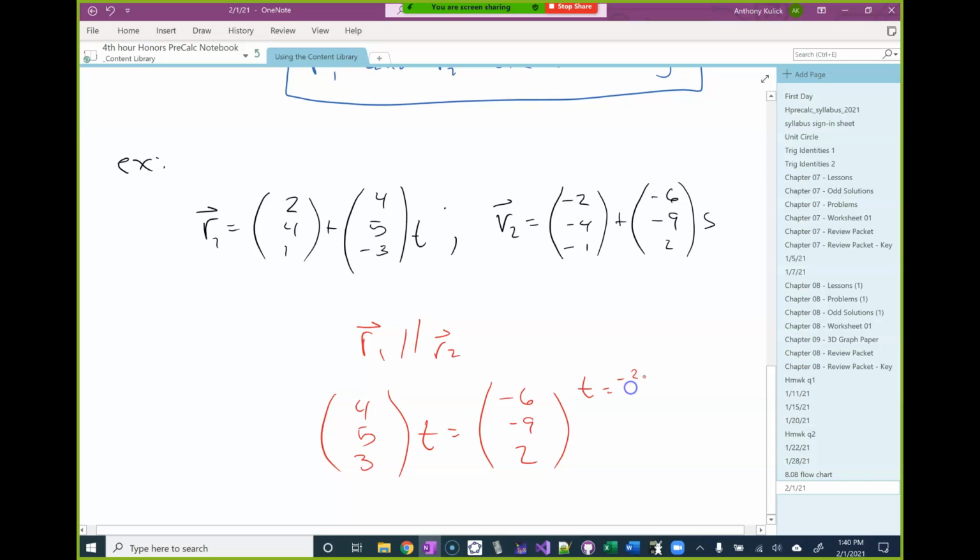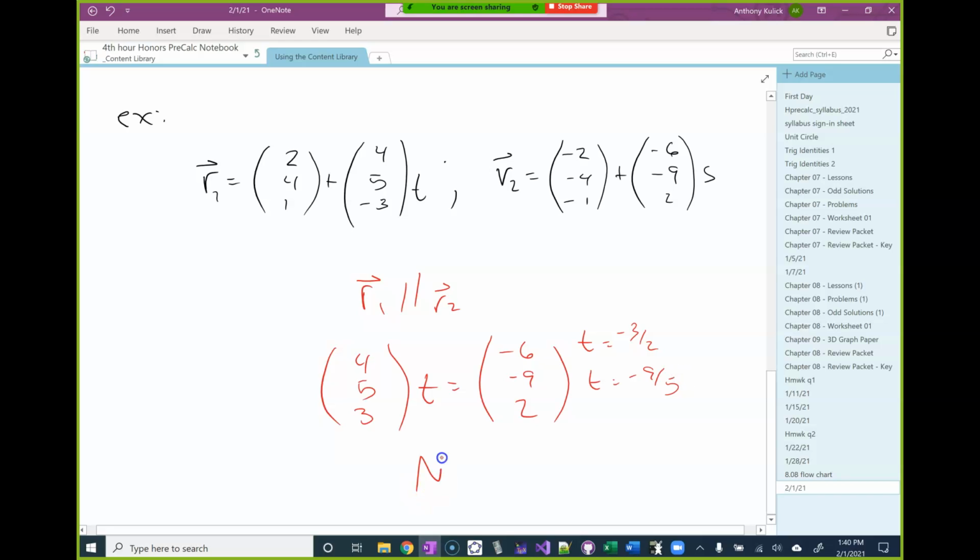So here t is negative 3 over 2. Here t is 9 over 5. So no, I don't even care what the third value of t would need to be. Doesn't matter to me. If the first two don't agree, can't be the same, or can't be parallel. Does everybody feel okay there?